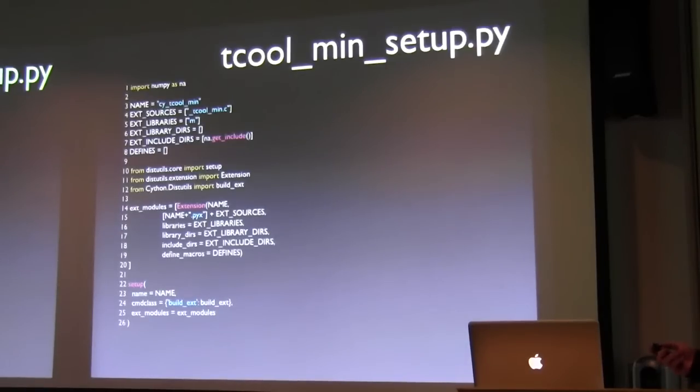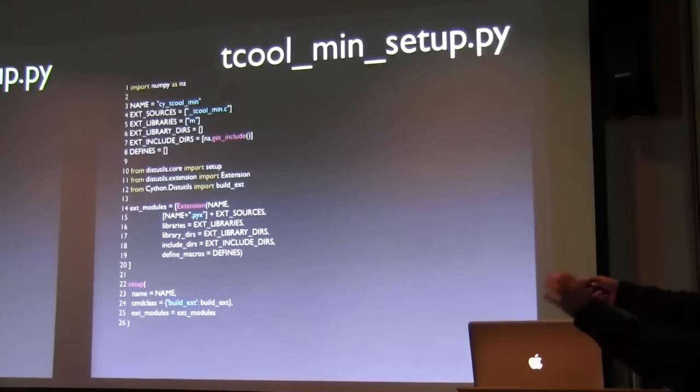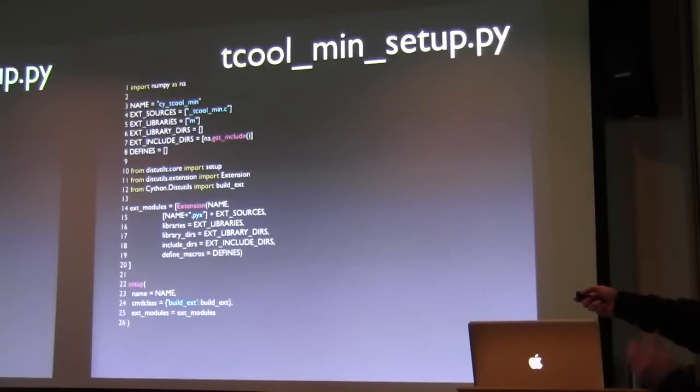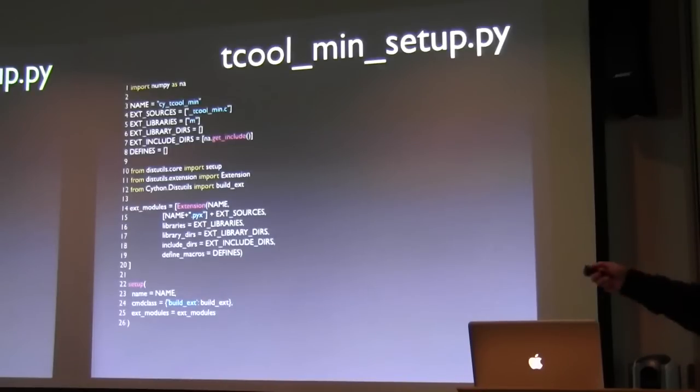But basically, you can see it's very similar in form to a makefile in that you have to define some sources that you want to compile, libraries. So this is like the math library. This will get used by GCC as -lm when it creates the object file.